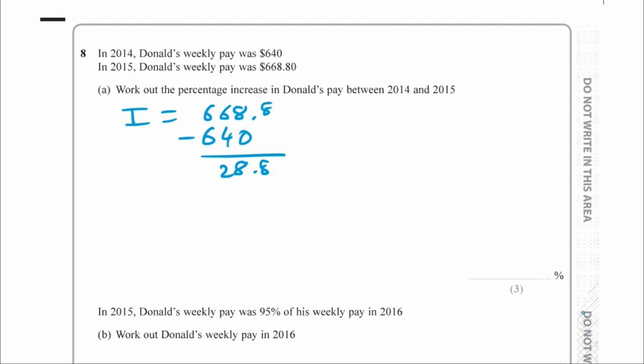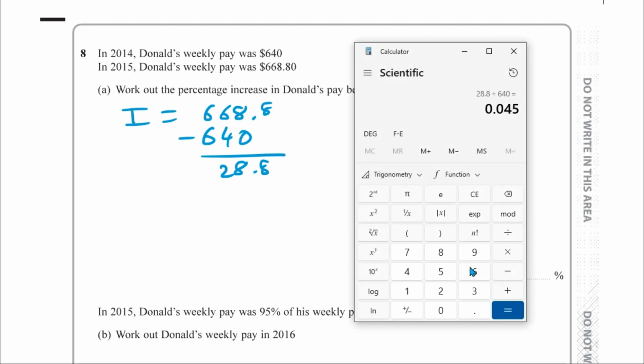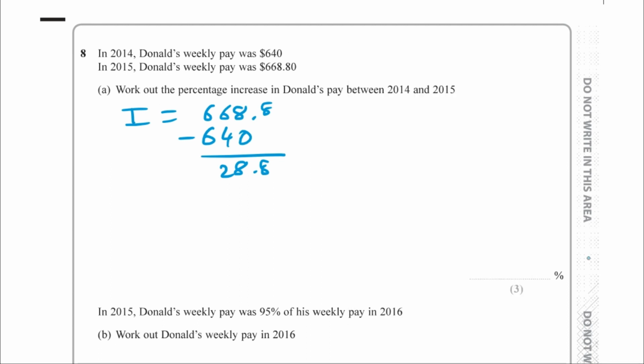Now when you work out a percentage increase, you should take that amount of money and divide it by the original amount. So as we can see here, 28.8 divided by 640 is 0.045, which as a percentage, we can multiply by 100, will be 4.5%. And for this question, that is what we need. So we're just going to go ahead and say 4.5% here.